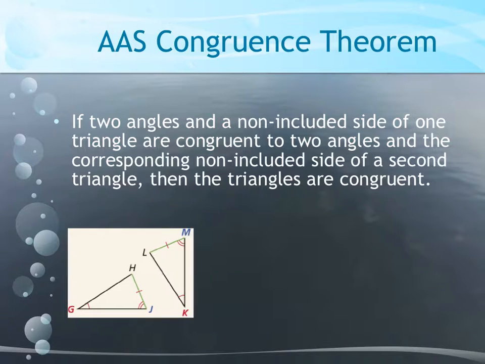Okay, last one is angle, angle, side. So this is AAS. Now notice the S is not in between. The S is not the included side. So you've got two angles and the non-included side equals two angles and the non-included side.